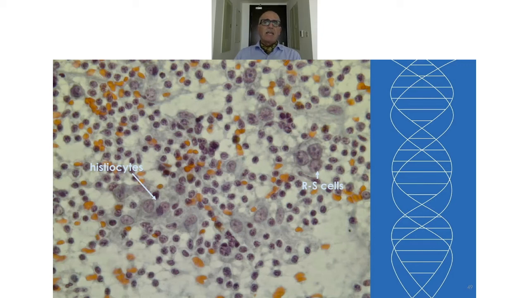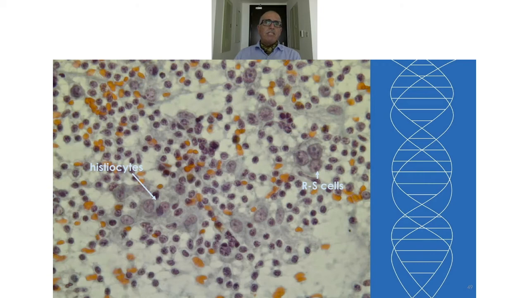And he had this enlargement, and you can see a carpet of small lymphocytes with some histiocytes, which are these, easily recognizable. But then there were some large cells with 1, 2, or 3 nuclei, which resemble Reed-Sternberg cells or Hodgkin cells, with a prominent nucleolus.